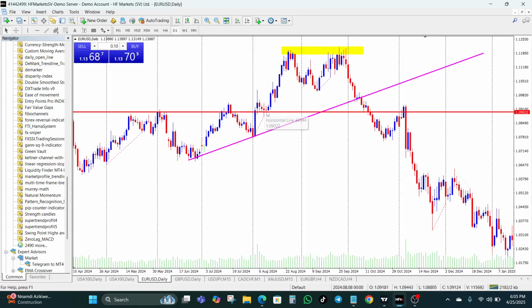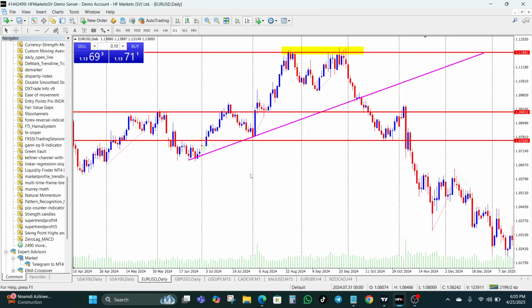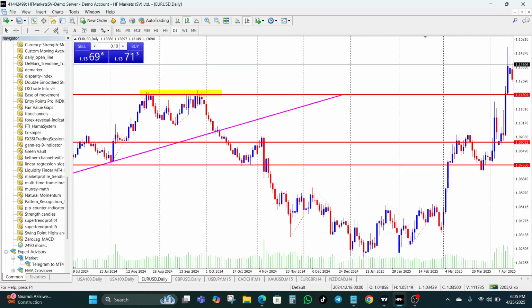Should have been a good place to enter a buy trade, and then your stop loss can actually be below the recent swing low, and your take profit can be around a resistance zone. So that is for a buy. For a sell, after this line was drawn, you can consider entering a sell trade perhaps around here, right?